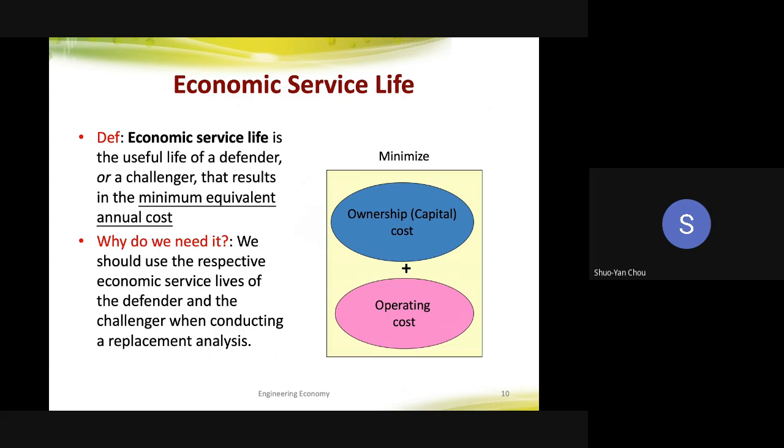Even if the operating cost is the same over time, the average ownership cost, if you share the ownership cost, the initial payment or so-called capital cost that you pay in the beginning, chances are it will decline. But you also need to look at the salvage value.